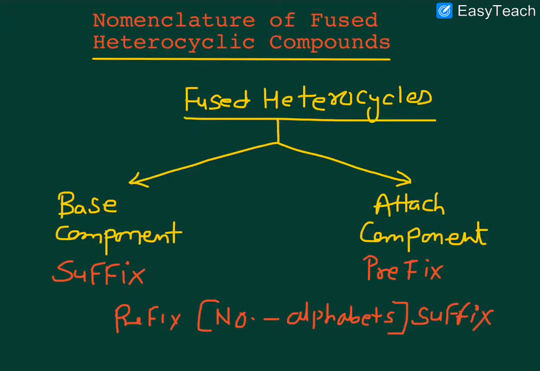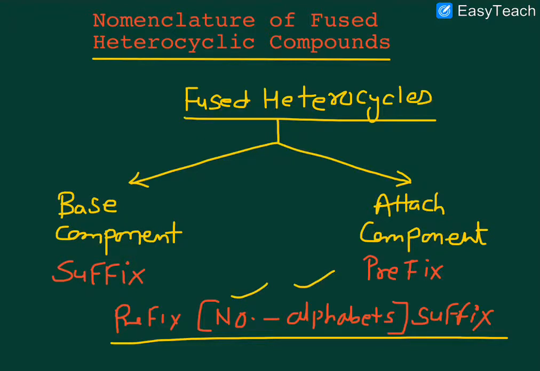This is basically the skeleton for the nomenclature of fused heterocyclics. There are some major differences between the base component and the attached component. What are the numbers and what are the alphabets for each?